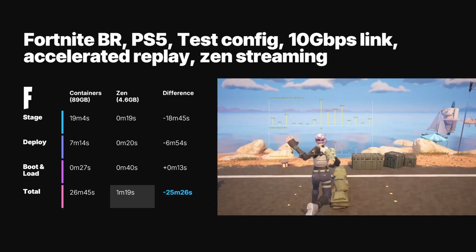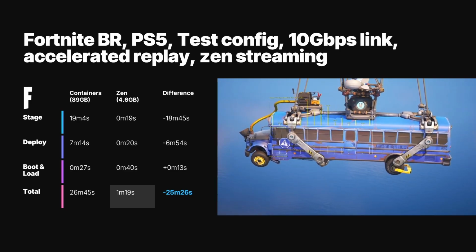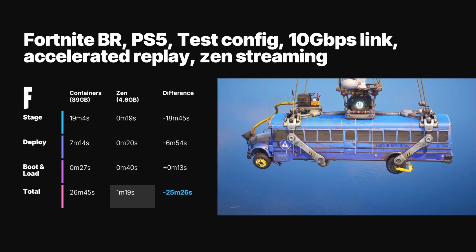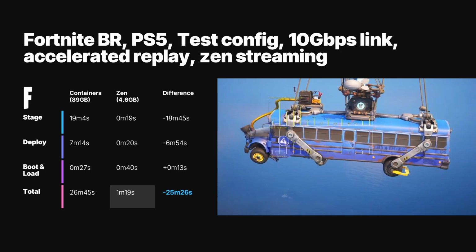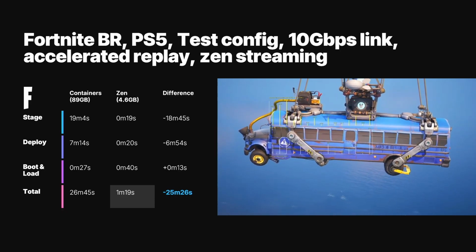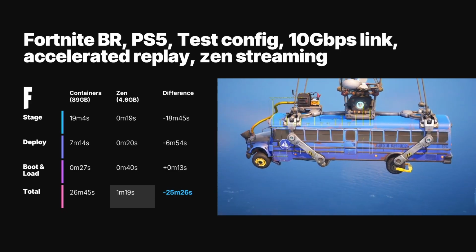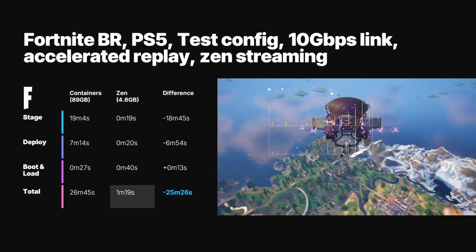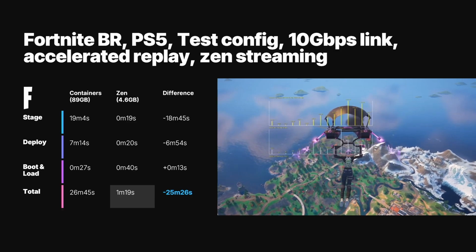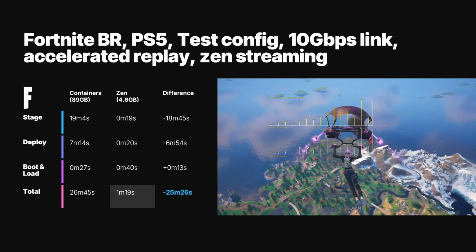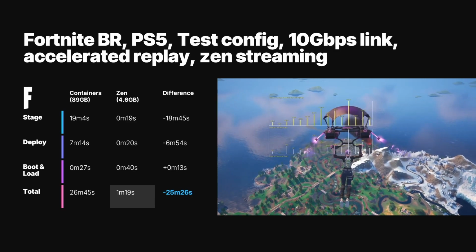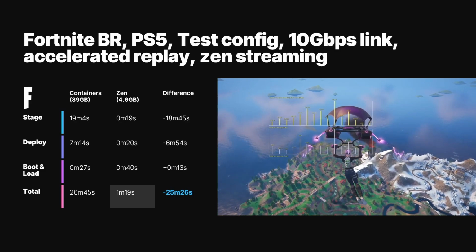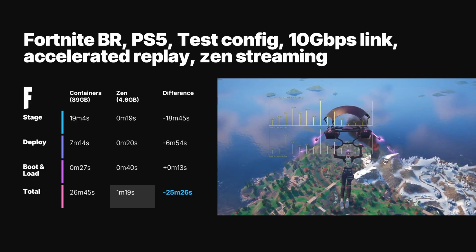Rather, I did a gameplay replay on the PS5 at an accelerated rate, meaning it ran at this speed on the PS5 originally. My point in doing that was that it demonstrates that even with the additional stress of accelerated playback, we're able to stream data successfully over a network link to have a good in-game experience.